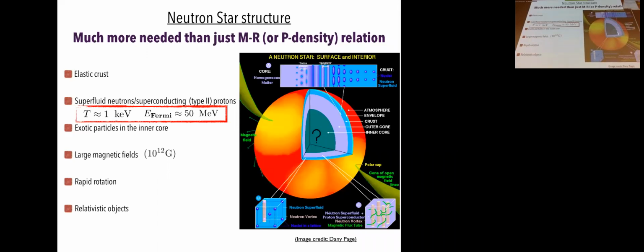And these high density cores of these objects are more or less the only place where you can study this region of the QCD phase diagram, let's say, because in terrestrial experiments, you're always looking at systems that are at low density and high temperature, while the interior of a neutron star is very high density, but low temperature.